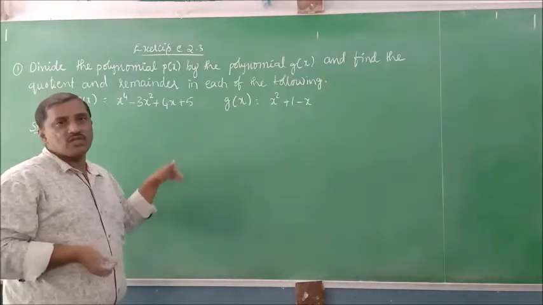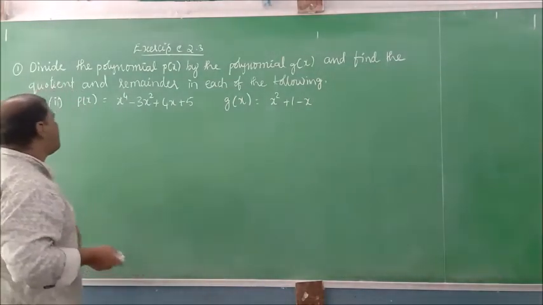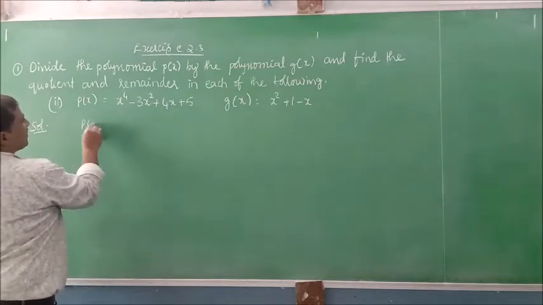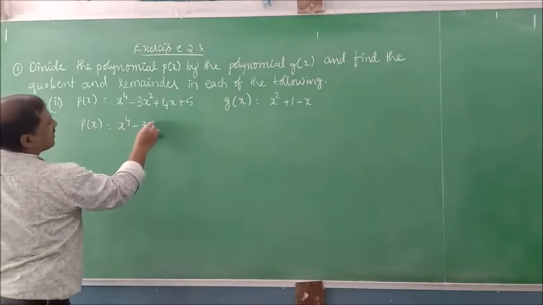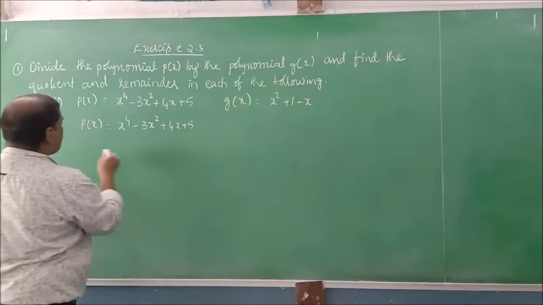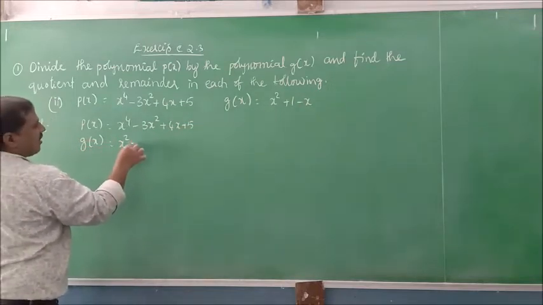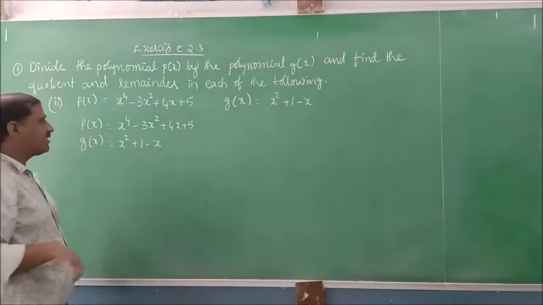Then the third step, as usual, you should divide the first term of the dividend by the first term of the divisor. So now p of x is x to the power of 4 minus 3x square plus 4x plus 5. Now g of x is x square plus 1 minus x.